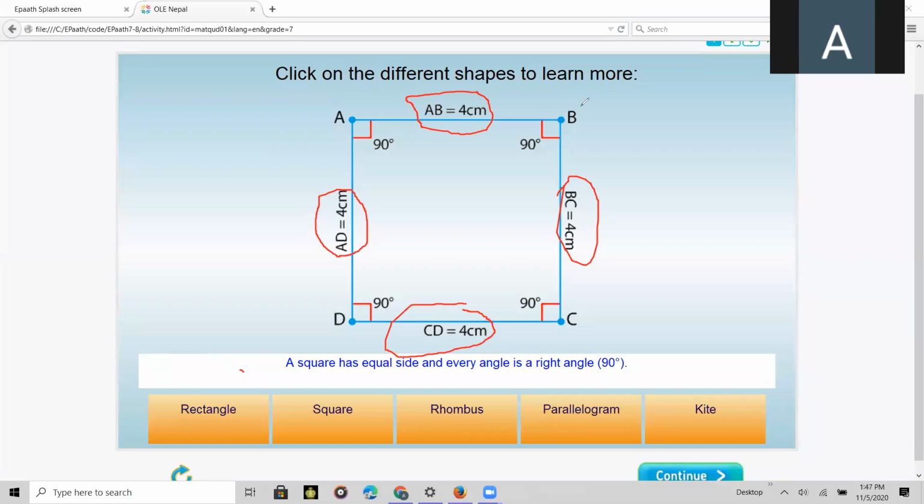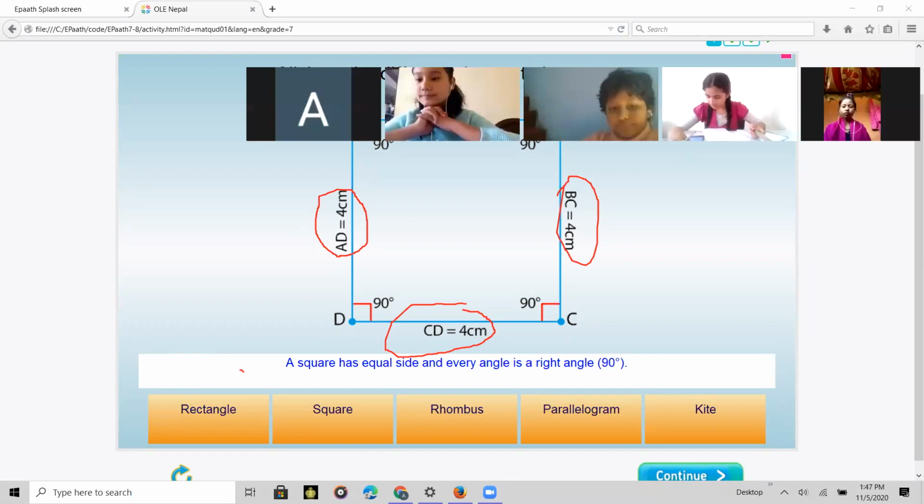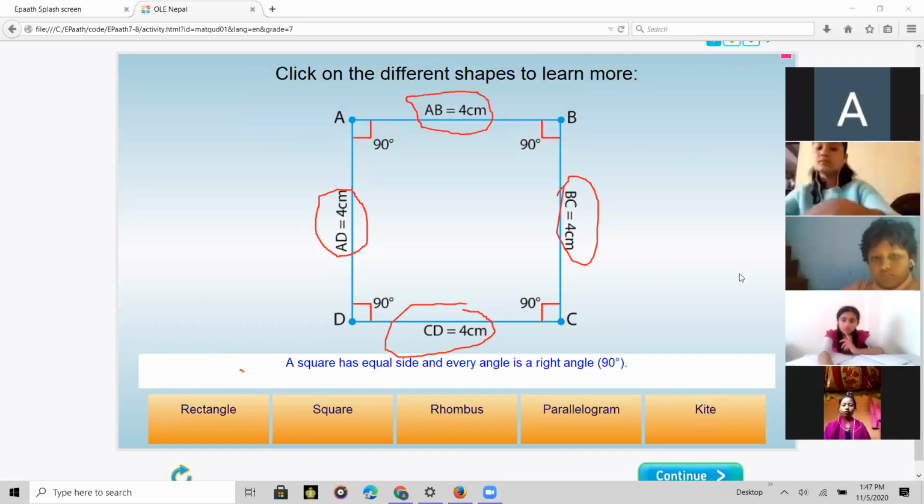So with the help of the special features, we can know the type of the quadrilateral. Generally, on the basis of the characters or special features, different names have been given to the quadrilaterals that we are learning about.